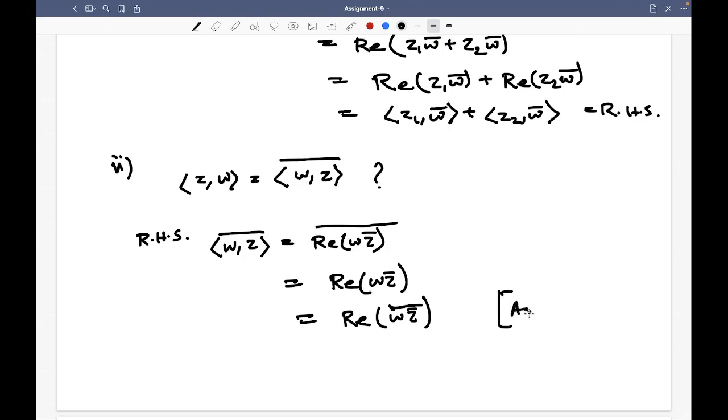Why is this true? As the real part of Z equals the real part of Z bar, now taking the bar it will be the real part of Z W bar, which is the left hand side. So again condition 2 is satisfied.